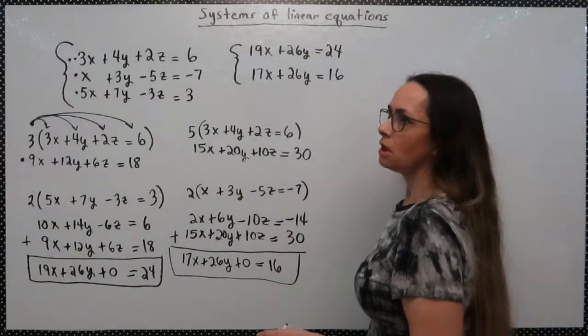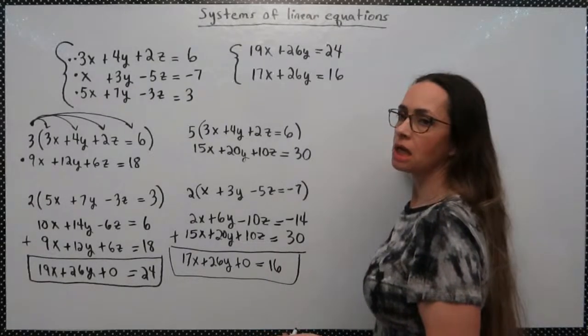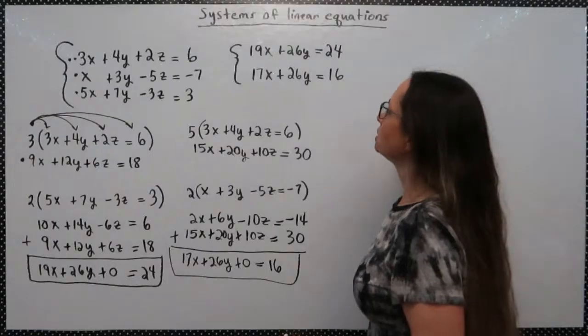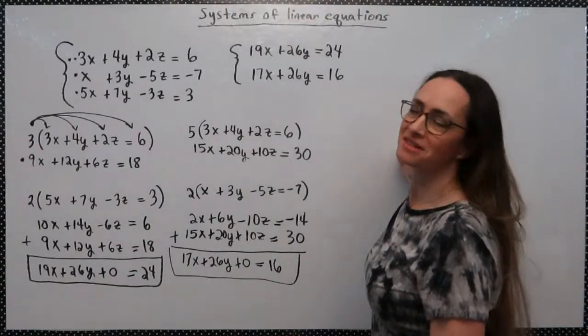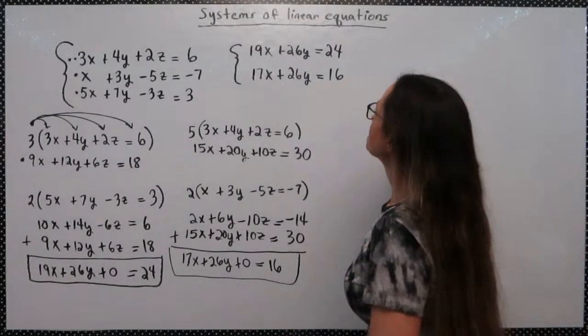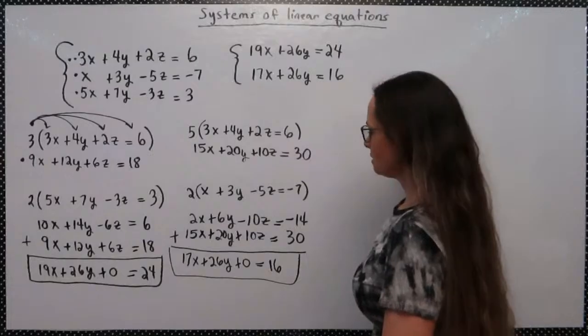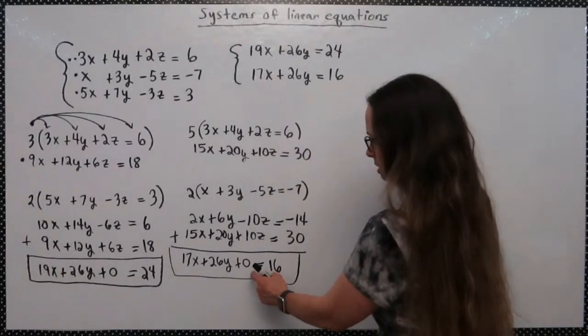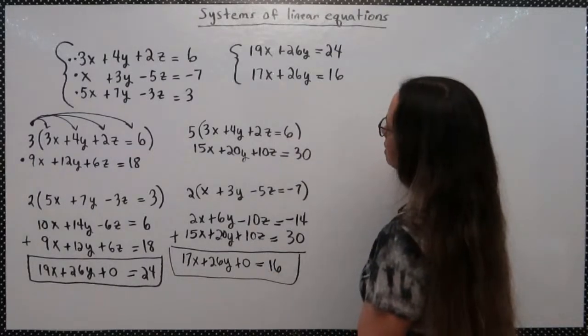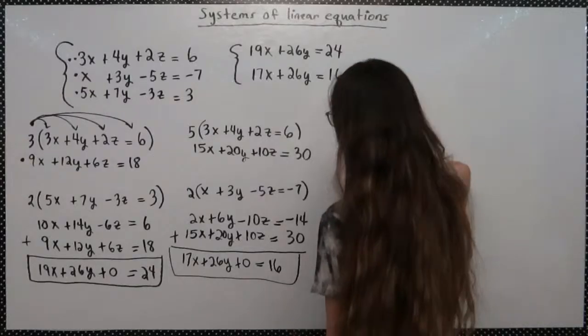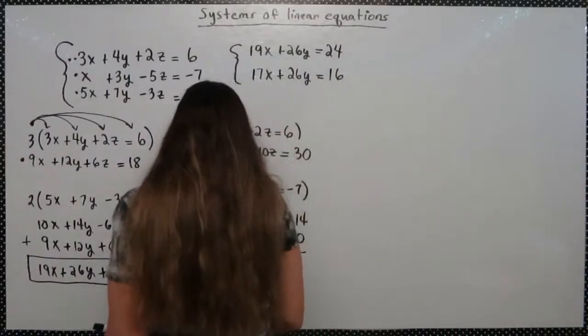So I prefer to keep it positive if I can. But let's go ahead and take this one right here. And I can actually do the math right here, so I have room. I'm trying to stay organized.